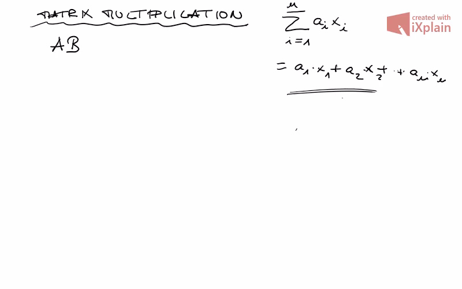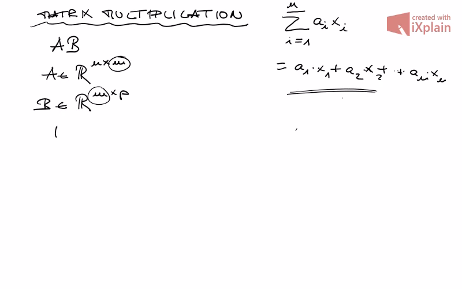Then a certain condition needs to hold, namely A must have the same number of columns as B has rows. So if you have A times B, the inner sizes need to be the same. So A has to have m columns and B has to have m rows.